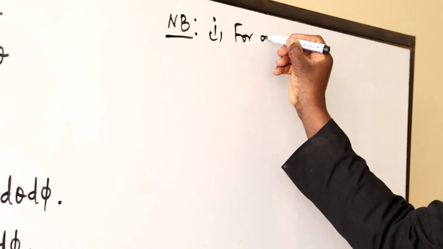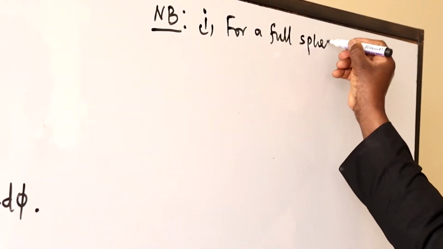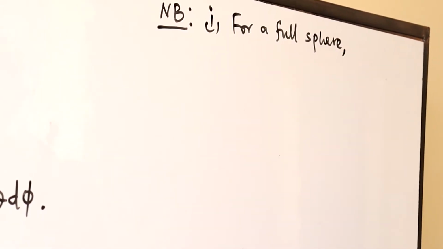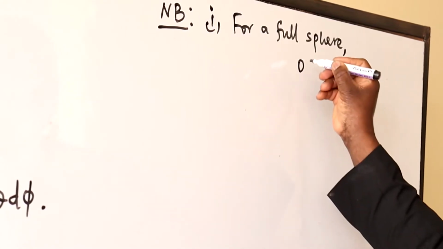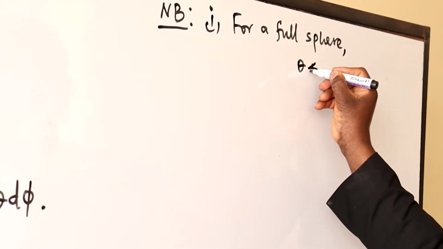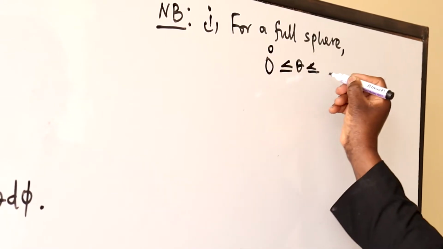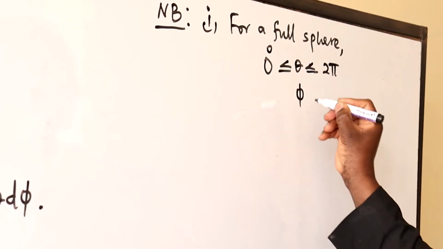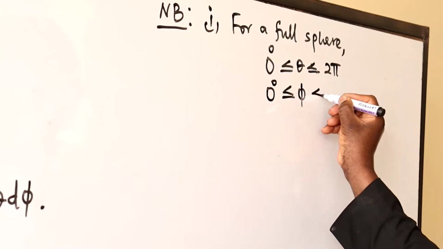For a full sphere, theta will be changing between 0 degrees and 2 pi, and phi will be changing from 0 degrees to pi.